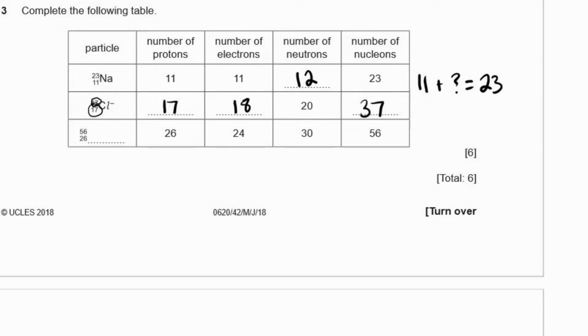Okay, and finally, we want to figure out which element this is. Well, to start with, we want to look at this proton number, because the nucleon number can change depending on what isotope it is. The number of electrons can change depending on if it's charged. So it is charged because the protons and electrons are not the same, but let's look at which element it is first. So 26.